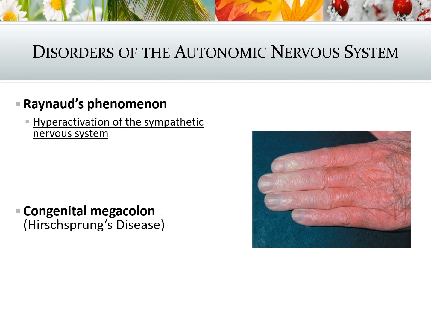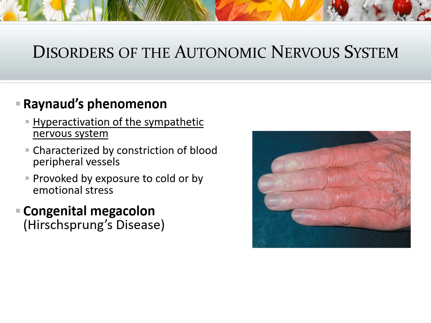So now just some examples of some disorders of the autonomic nervous system. The first one we're going to talk about is Raynaud's phenomenon. It's a hyperactivation of the sympathetic nervous system. So what happens is the peripheral fingers and toes actually turn white and even purple through a constriction of blood vessels in the peripheral circulatory system.